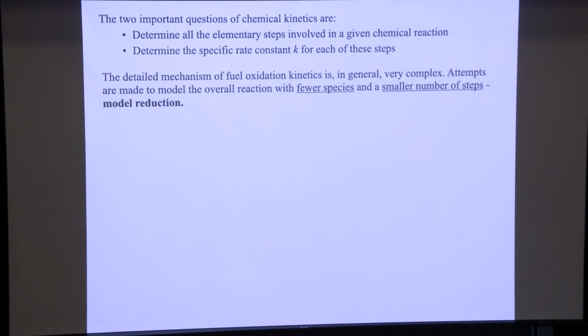There is all kind of information about this. And of course, there's also an attempt to reduce the number of such reactions, and it's often referred to as model reduction or simplified reaction mechanism.